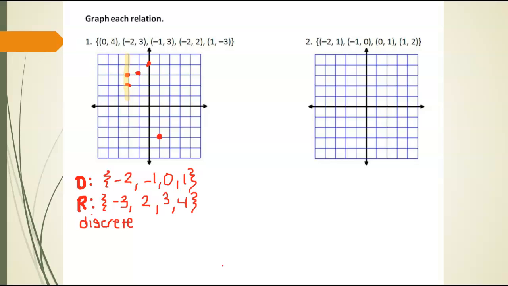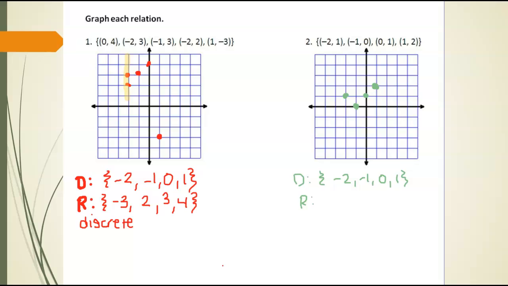Number 2, we have -2, 1, -1, 0, 0, 1, 1, 2. So my domain is the set of x's, which is -2, -1, 0, 1.